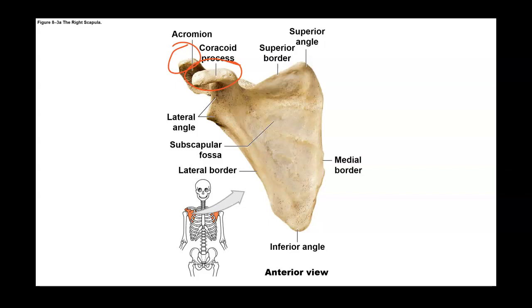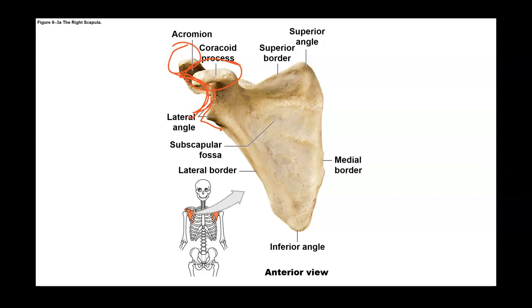Coming on down, you have what's referred to as the lateral angle. Then this whole indentation section here is referred to as the glenoid cavity. You need to know the glenoid cavity.